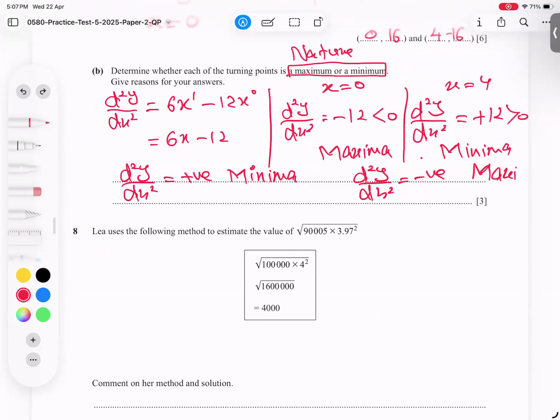Okay, and what is estimation? So let me check it now. 9, 3 zeros and 5. Okay, if we round it, what rounding do we get?